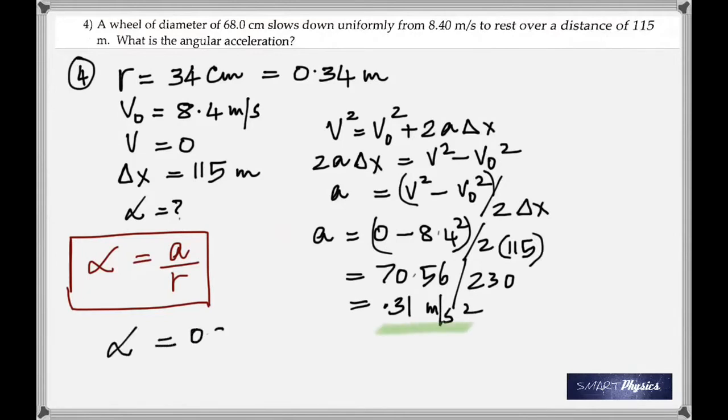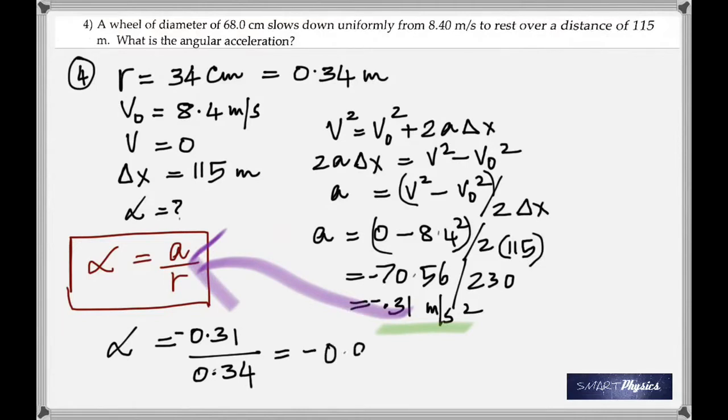Since we have a, now just divide a by the radius and you get it. Well, why negative? Because it's slowing down. It's negative. Actually, it's decelerating. And you get negative 0.91 radian per second squared.